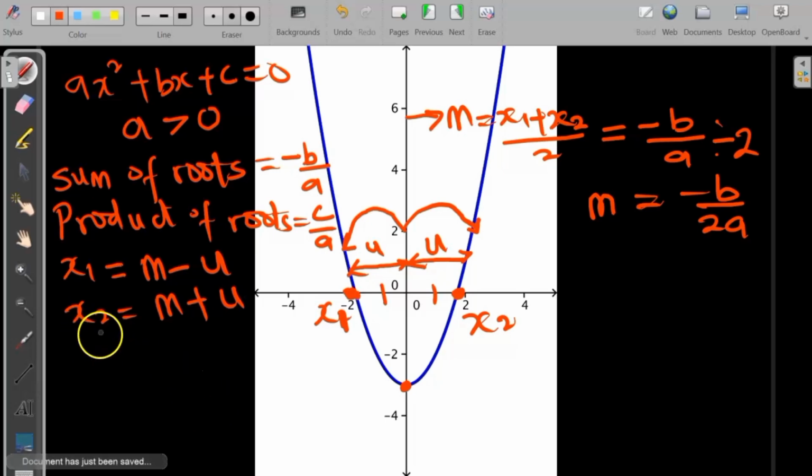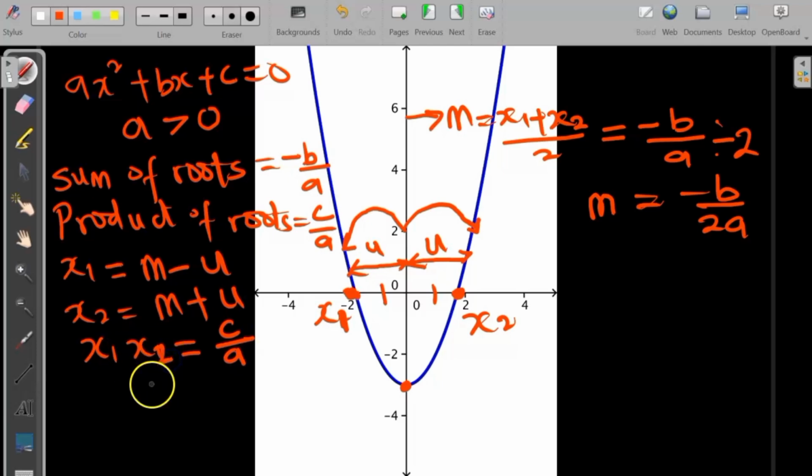The product of the roots of a quadratic equation is given as c over a, but x1 is M minus U, and x2 is M plus U, and their product is c over a.